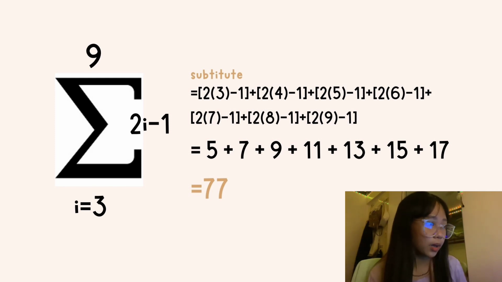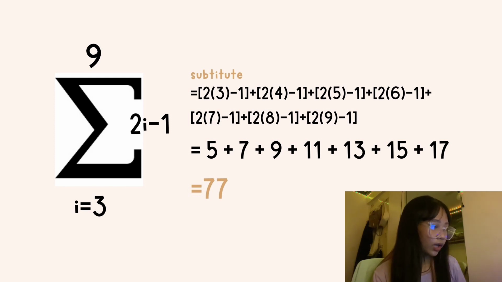Our fourth step will be writing the expression using the sigma notation. This means that we will add up the terms generated by 2i minus 1, starting with i equals 3 and ending with i equals 9. Our step 5 is to evaluate the expression by substituting the values of i into the formula 2i minus 1 and adding up the resulting terms.